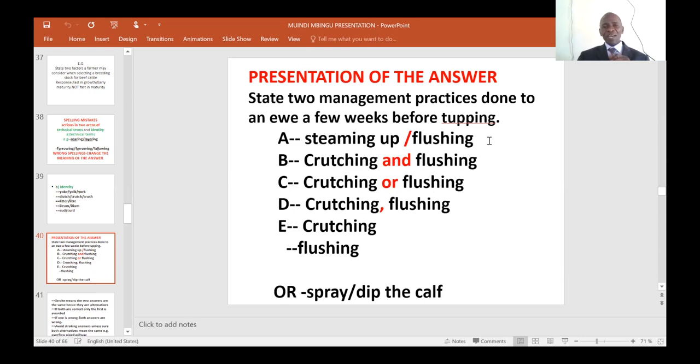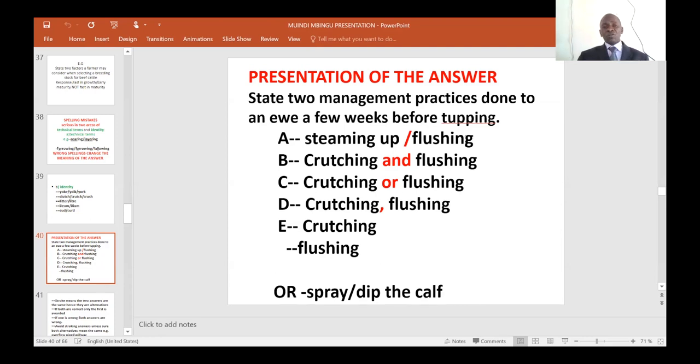But the truth is that flushing is not steaming up, isn't it? Steaming up is done few weeks or few days before giving birth, before lambing, isn't it? But flushing is done before mating, before tupping.